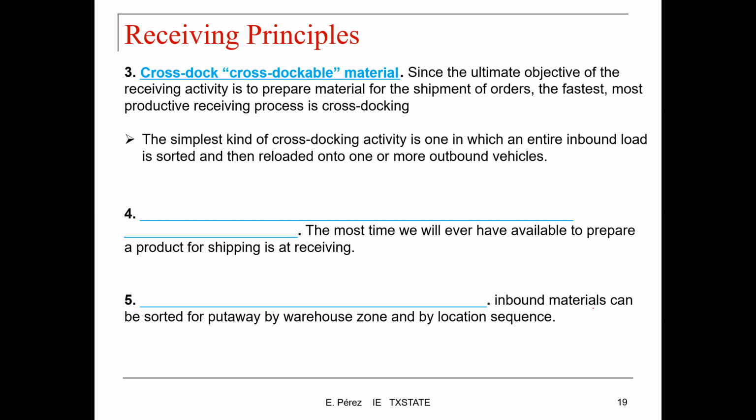The simplest kind of cross-docking activity is one in which an entire inbound load is sorted and then reloaded onto one or more outbound vehicles. So the idea again of the cross-dock is that you don't store. You're basically getting items, you're sorting them, and then you're shipping them.